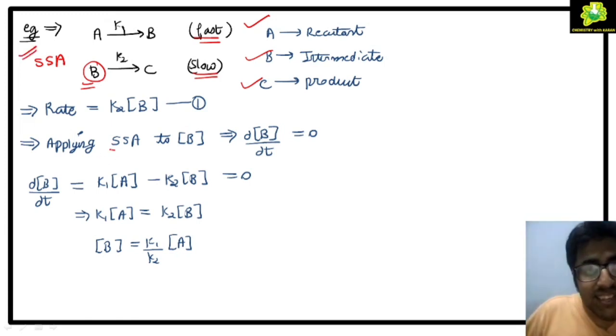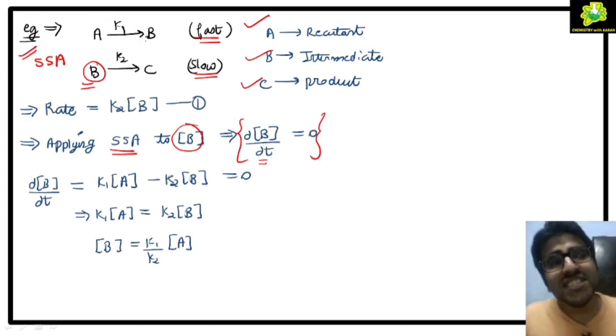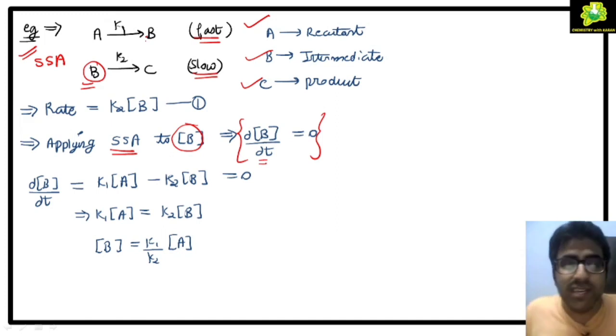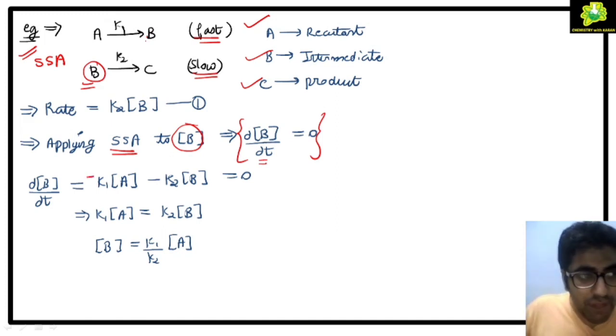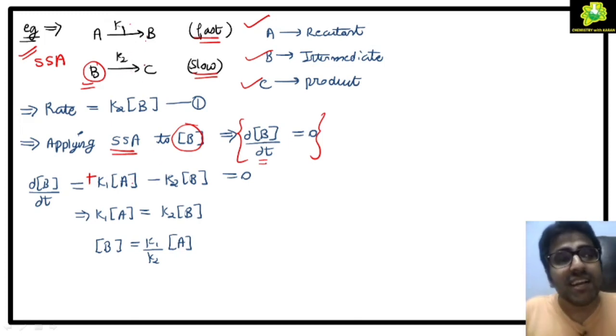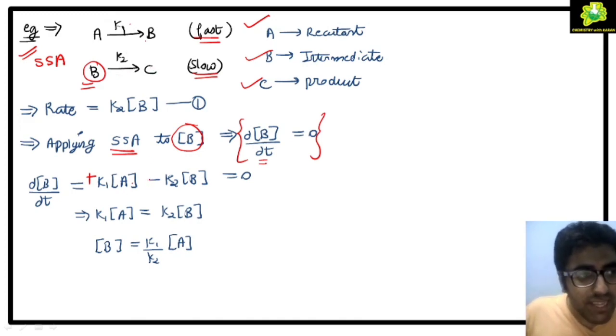Applying SSA to the concentration of B, we write dB by dt is equal to 0. How will we write dB by dt now? Check the first reaction. In this, B is getting formed, so the rate will be positive: plus K1 times A. Then in the second step, B giving C, B is getting consumed, so minus K2 times B. This is equal to 0.